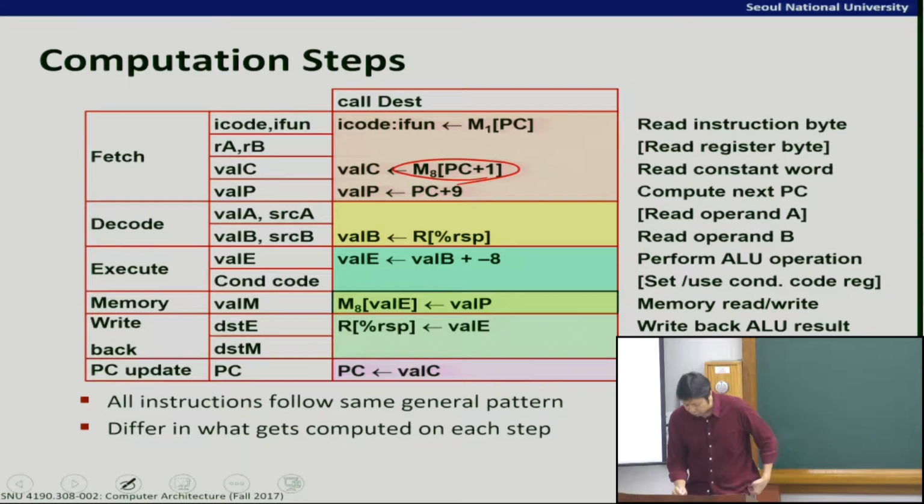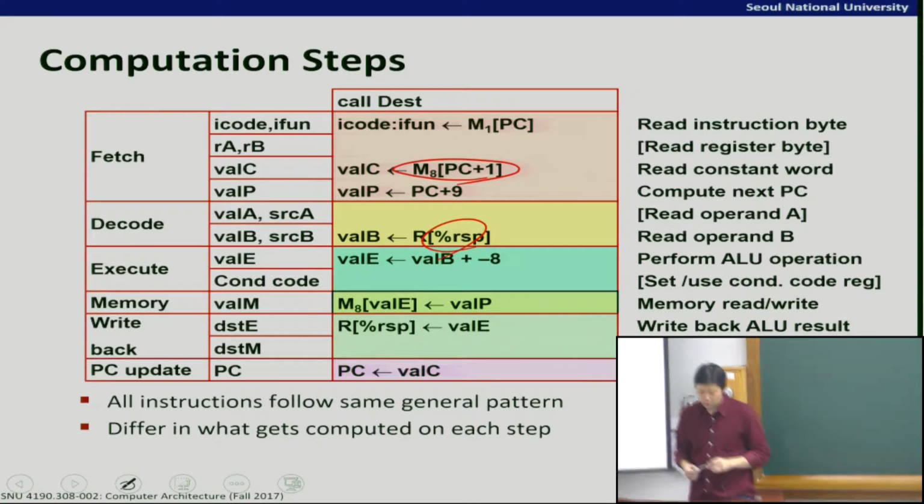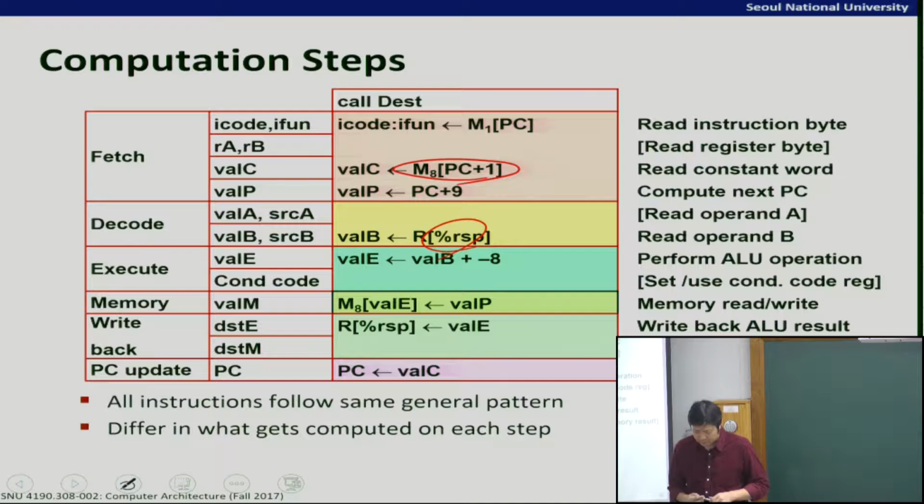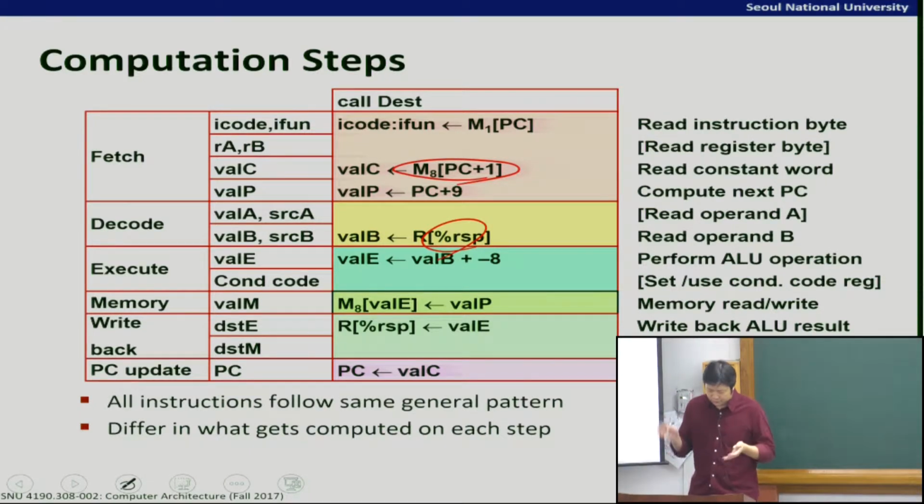And you need only one register to read, the stack pointer. In the execute stage, you compute valE using valB, the register, minus 8, because we always decrement the stack pointer by 8 to push the return address. In the memory stage, you write, basically push this return address to the stack, so you write to the memory. And in the write back stage, you update the stack pointer, and finally you update the PC.